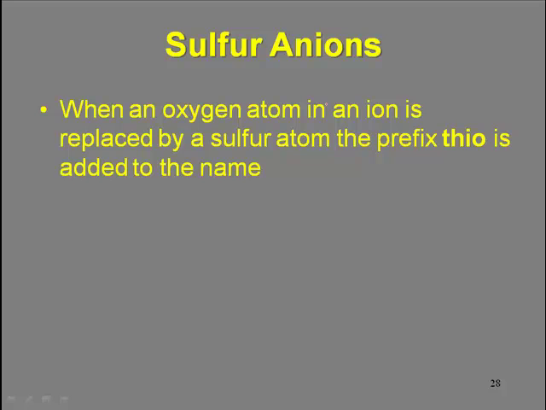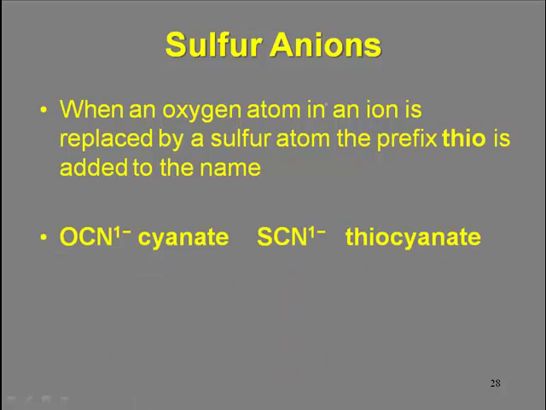The next classification of compounds includes sulfur. These are the ones that, when an oxygen atom in an ion is replaced by a sulfur atom, the prefix thio is added to the name. So just when you replace one of the oxygens with a sulfur, the thio comes in beforehand.